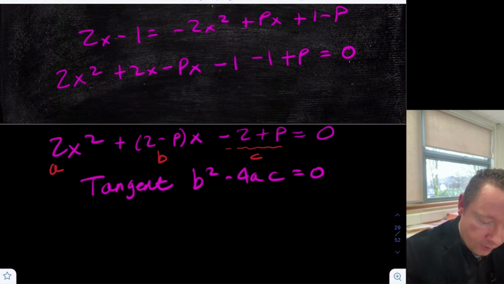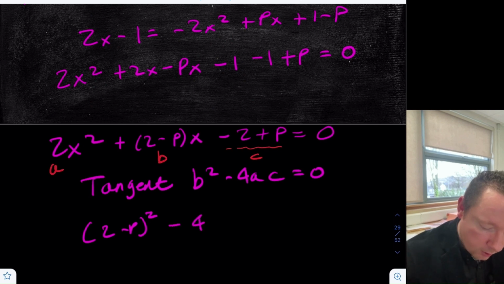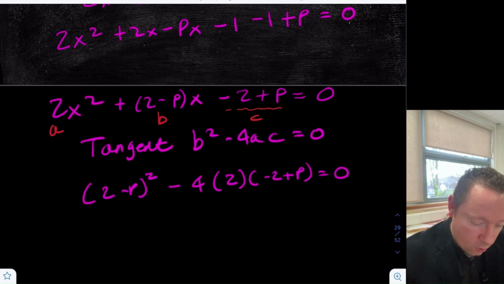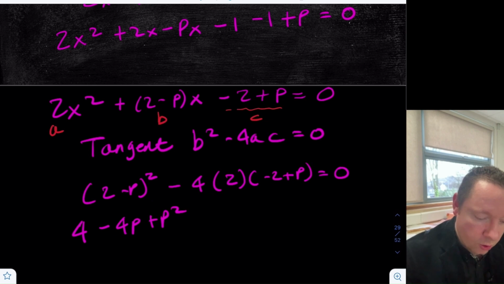So we can say that we've got 2 minus p all squared minus 4 times 2 times minus 2 plus p equals 0. Solving that, multiplying out the bracket, we get 2 2's is 4 minus 4p plus p squared, and then we've got minus 8 times minus 2 is plus 16, and then minus 8 times p, so minus 8p equals 0.